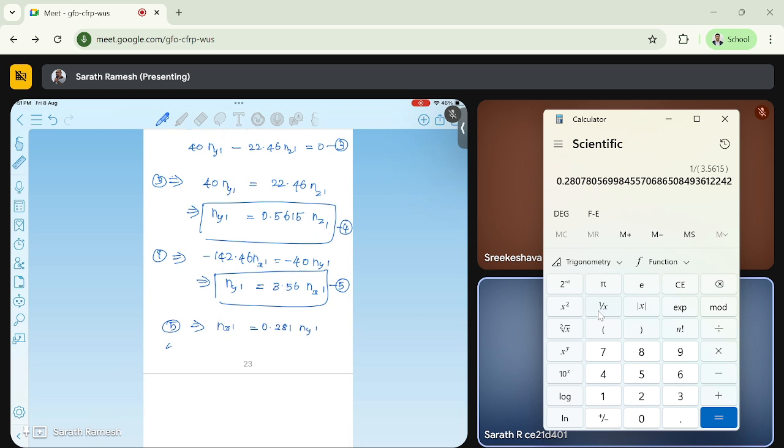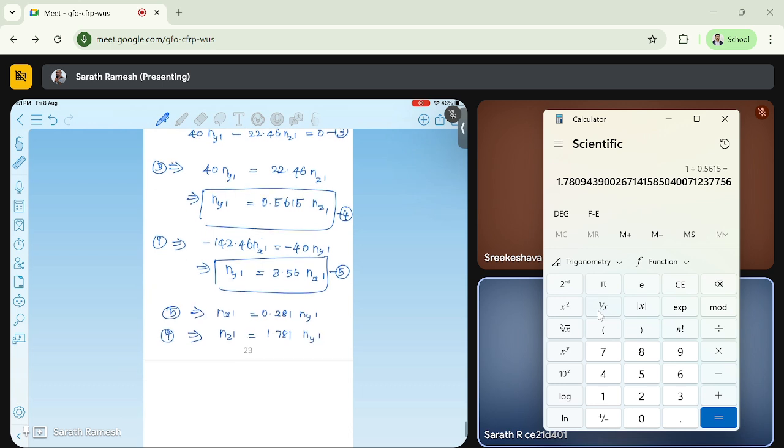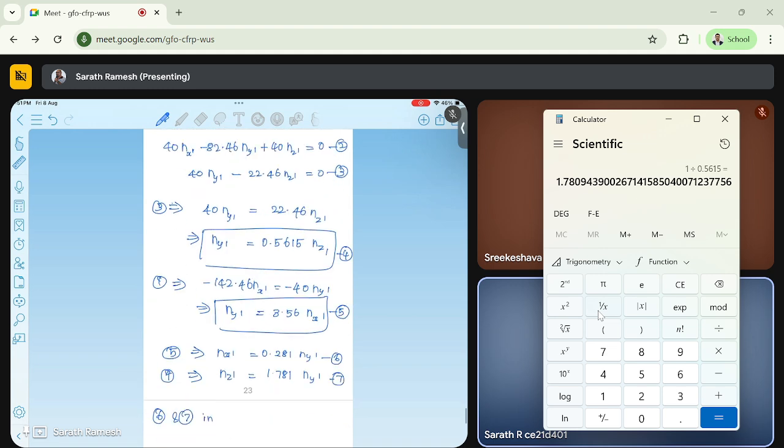Similarly, 4 implies nz1 is 1 by 0.5615 ny1, which is 1.781 ny1. Now I can substitute 6 and 7 in equation number 2. What will happen?